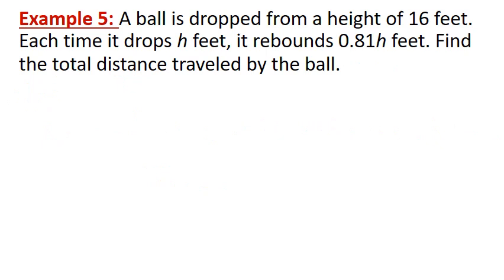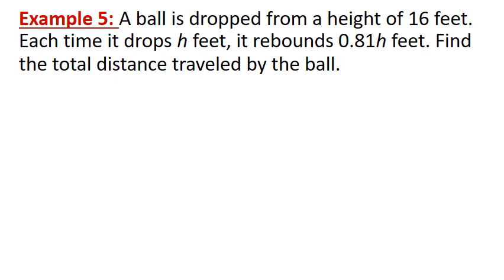Okay. This last example is kind of an application type problem. It says a ball is dropped from a height of 16 feet, and each time it drops h feet, it rebounds 0.81 h feet. Find the total distance traveled by the ball.